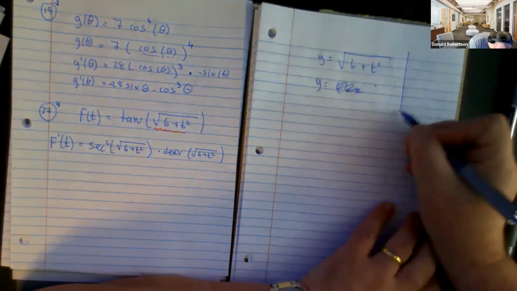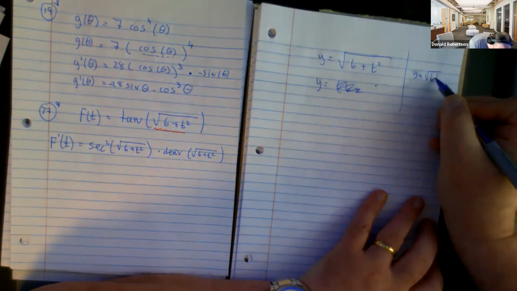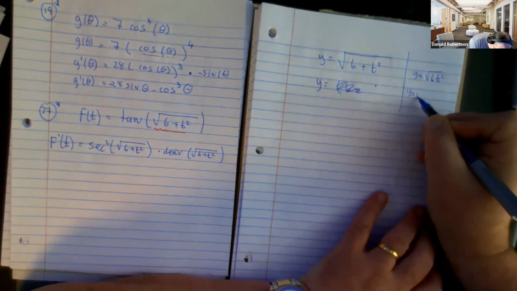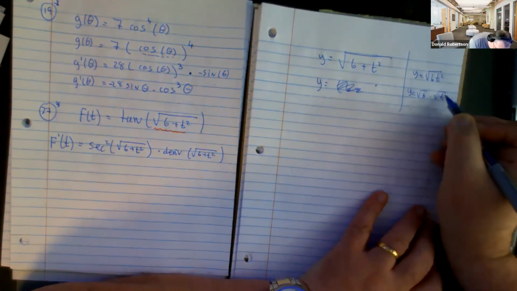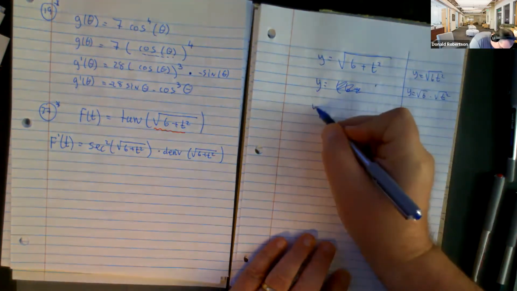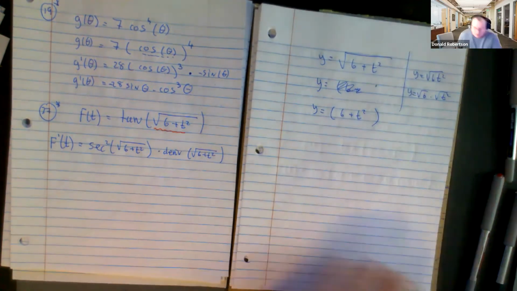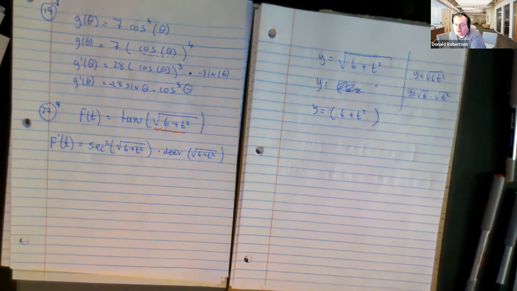And it makes sense, because if someone went and said to you 6 times t squared, you are allowed to split them, aren't you? But you're not allowed to do it when they're added. I wish that was true. That would have been exactly what I would have done. So here's my clue. What power of 6 plus t squared is a square root?